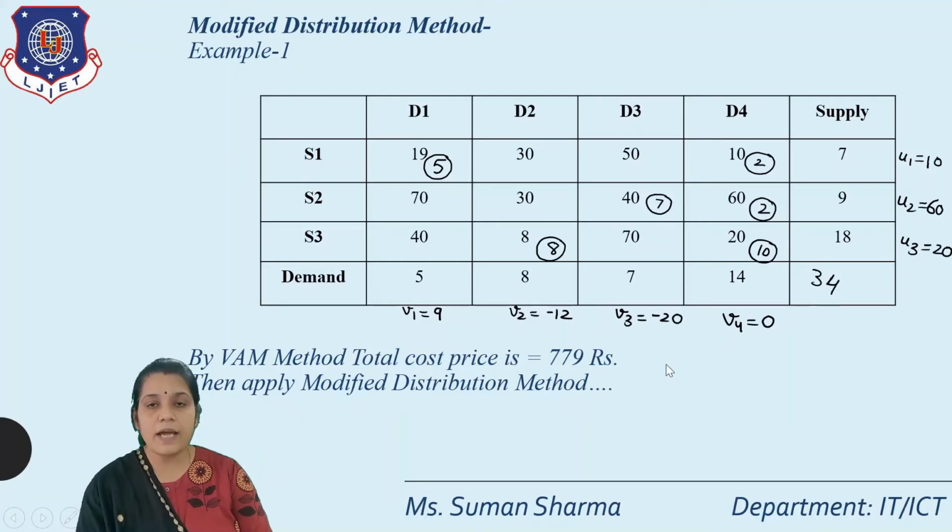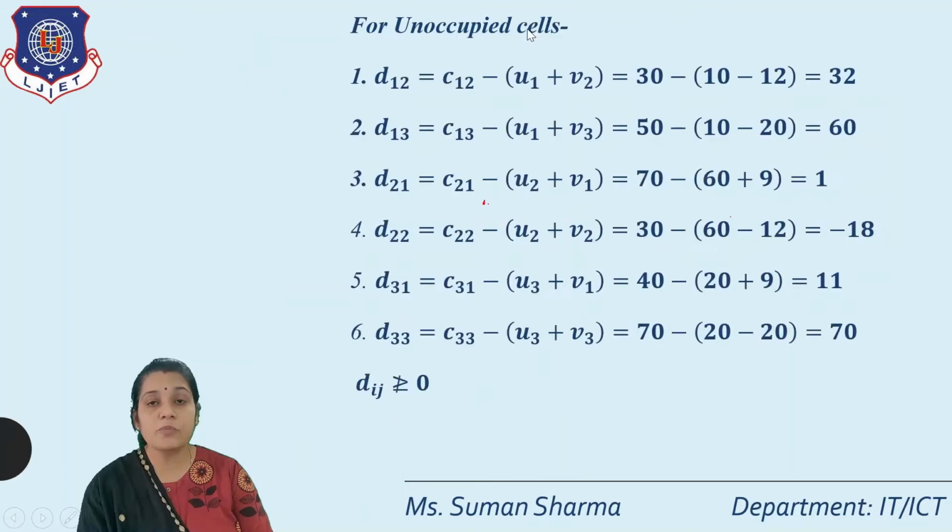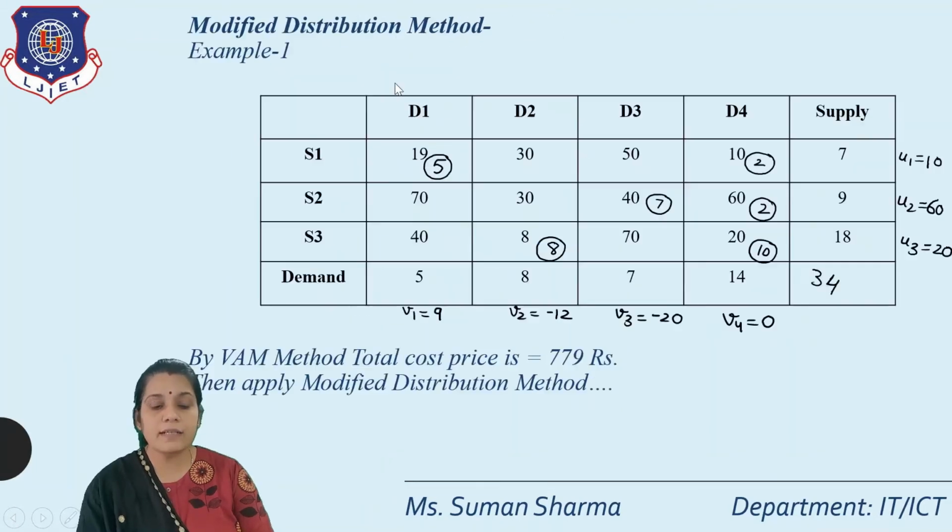After that, we find the unoccupied cells. What do we mean by unoccupied cells? Unoccupied cells are: first row, second column; first row, third column; second row, first column; second row, second column; third row, first column; and third row, third column.